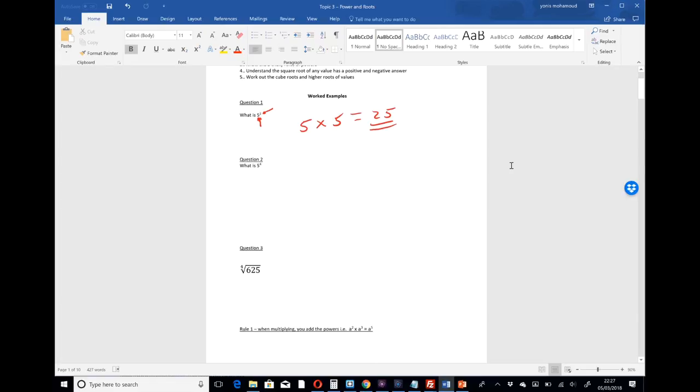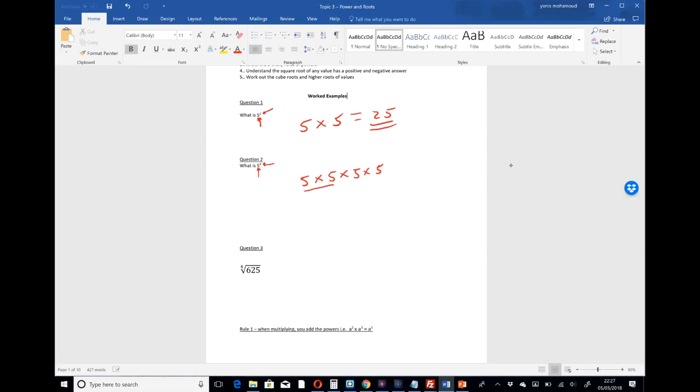Question 2 asks, what is 5 to the power of 4? Just like the previous question, you're going to have a look at the number at the bottom, which is 5, and you're going to multiply 5 to itself 4 times. So you're going to do 5 times 5 times 5 times 5.